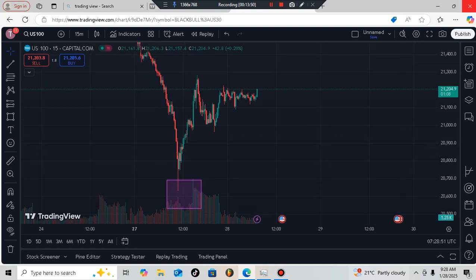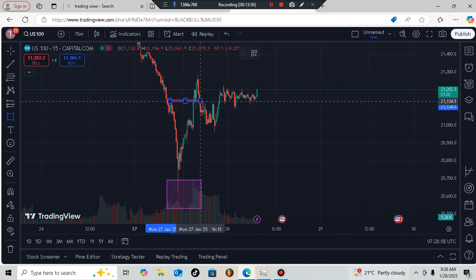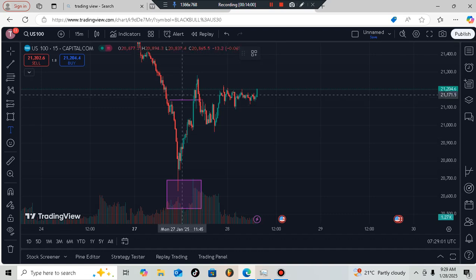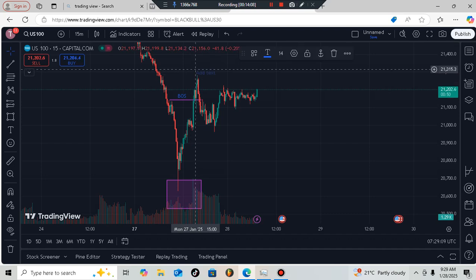So you can see what market did. Market went away. Obviously the first step on our checklist is our structure. Market went away, taking out that structure there, that being our BOS, break of structure. Let me just mark it down there, BOS, break of structure. After our break of structure, we start looking for a higher high, which in this instance, since we're going long, we find right there.